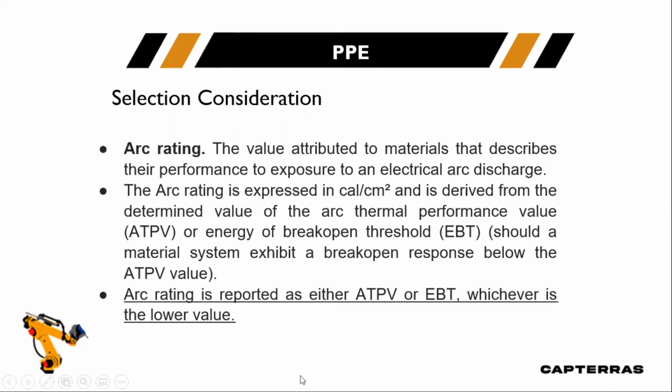The arc rating is expressed in cal/cm² and is derived from the determined value of the arc thermal performance value, or ATPV, or energy of break-open threshold, or EBT, should a material system exhibit a break-open response below the ATPV value. Finally, arc rating is reported as either ATPV or EBT, whichever is the lower value.